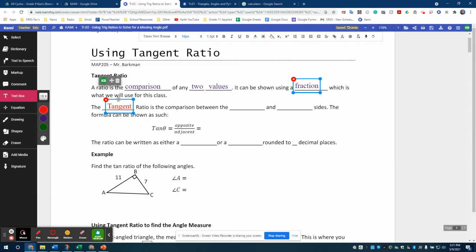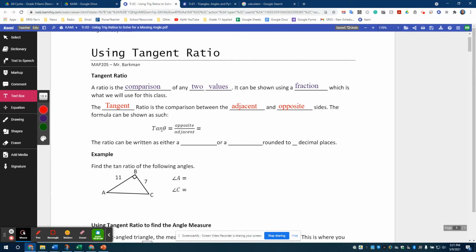We're going to shorten it to tan for ease's sake. It is a ratio which compares the adjacent and the opposite sides of a triangle, specifically of a right angle triangle. We can only do this with right angle triangles, and it's very important that we know that.